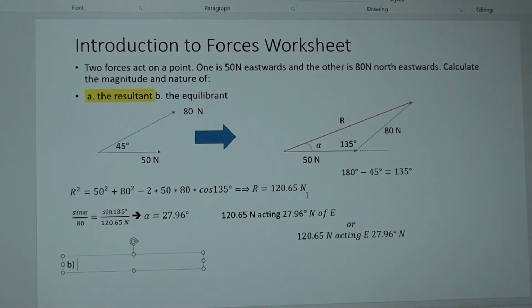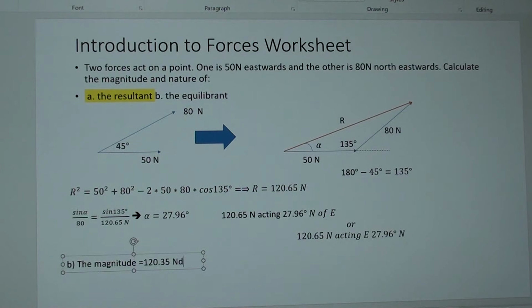So how can I answer the equilibrant for this question at the moment? If we type the magnitude equals 120.65 newtons, because it's the same value as the resultant force, only the opposite direction.